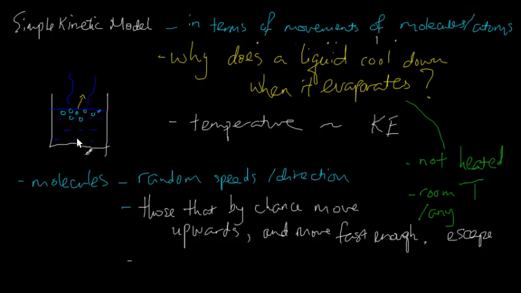Now, those molecules which remain behind must therefore have a smaller total energy or average energy. Okay, because the energy must be conserved. If it has lost some higher energy molecules to the air, what remains must have less energy.